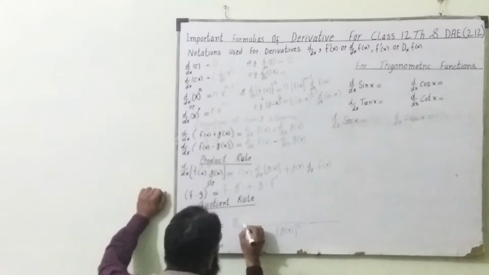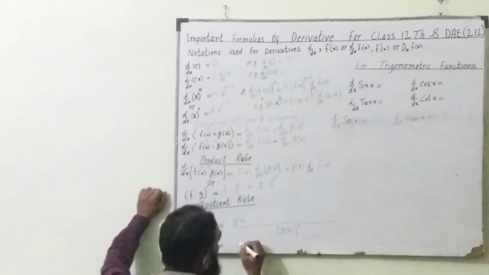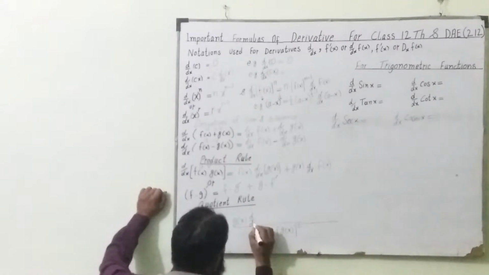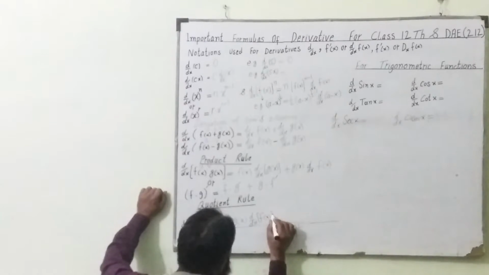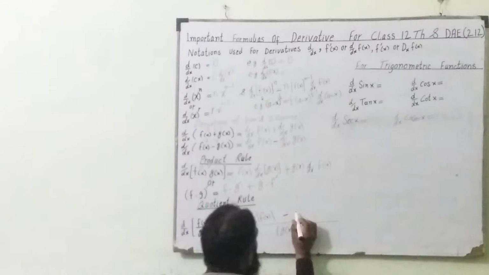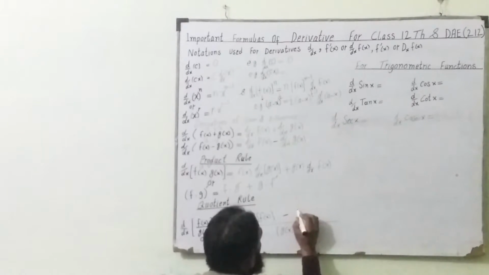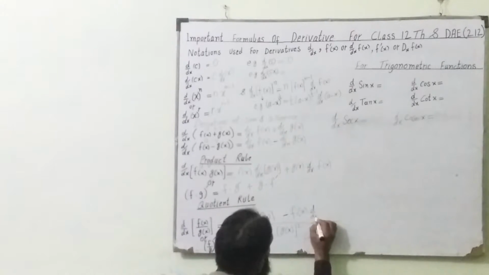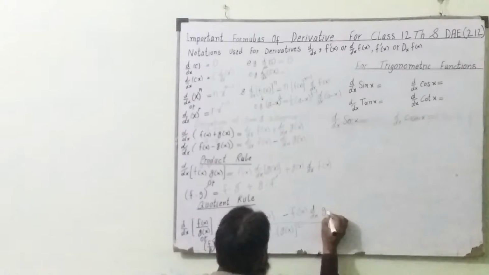The denominator is the same here and the derivative of the numerator, which is f of x here. And here minus, and after this the numerator is the same and the derivative of the denominator.